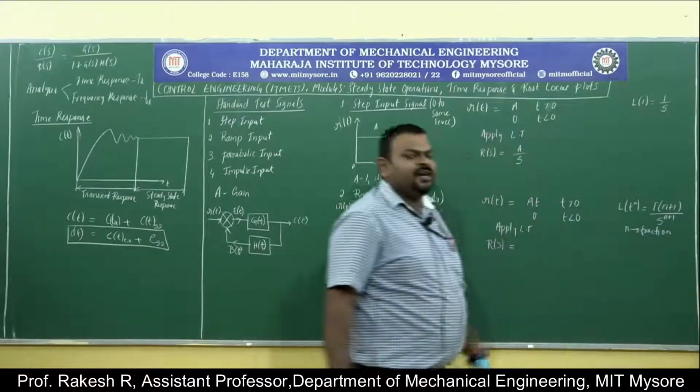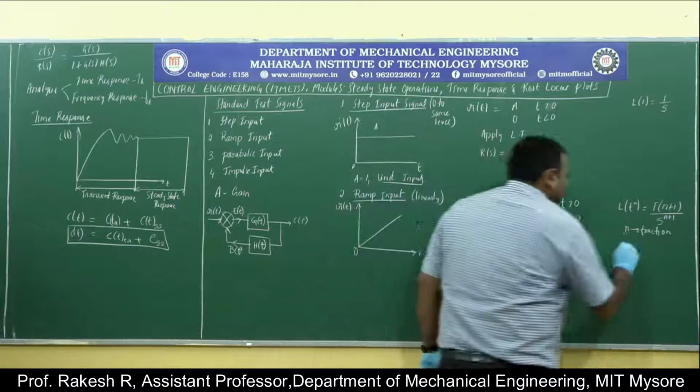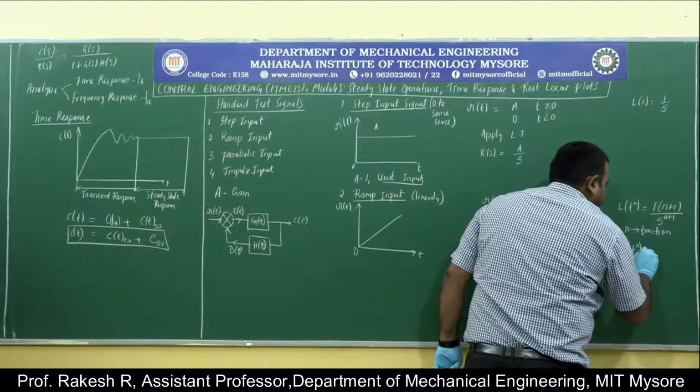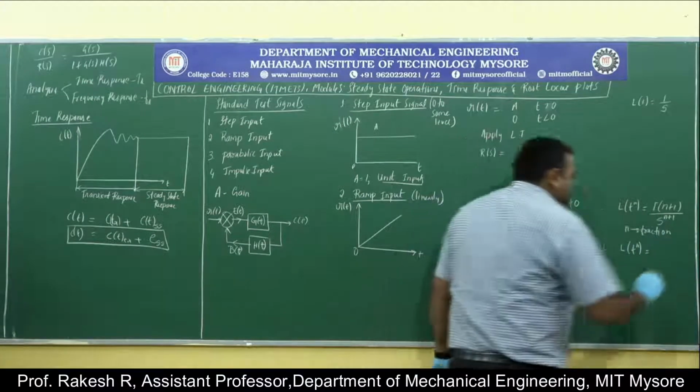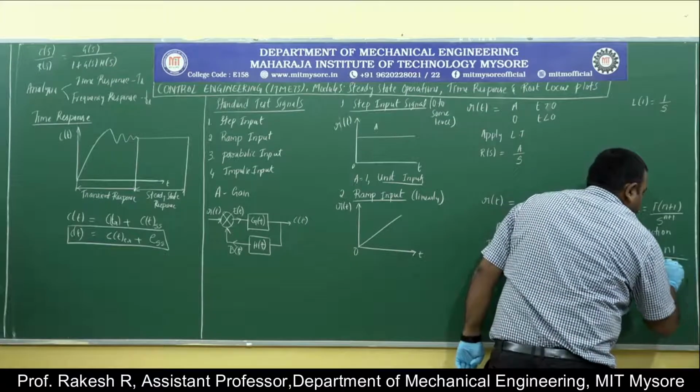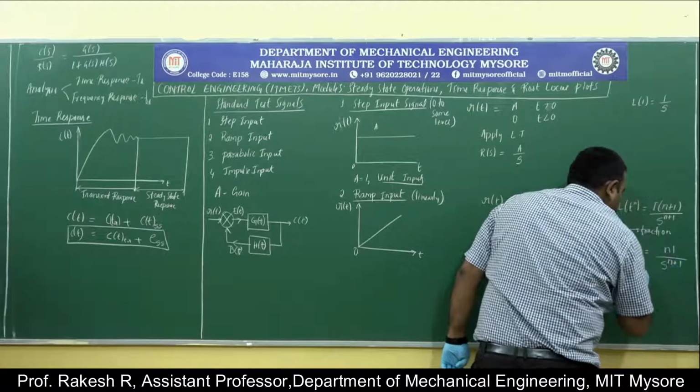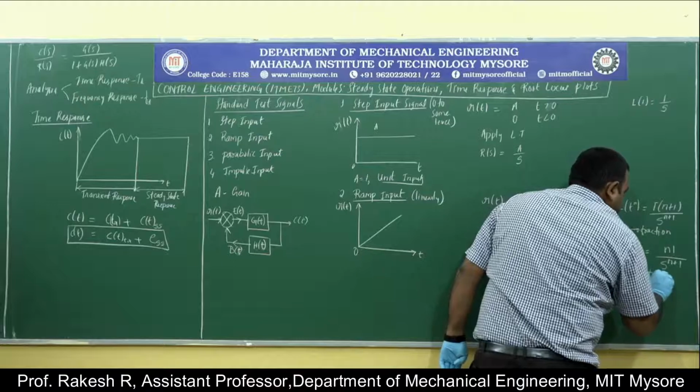Also there is another formula. If n is an integer, Laplace of t to the power of n will be given by n factorial divided by s to the power of n plus 1.